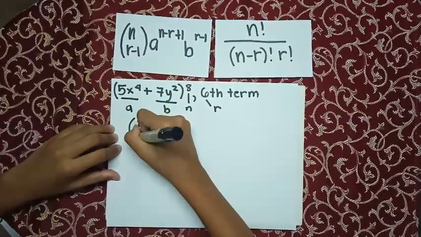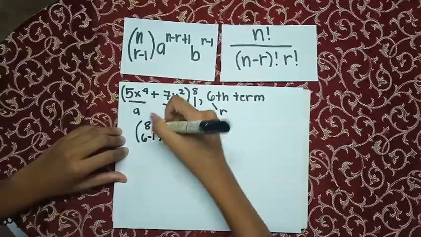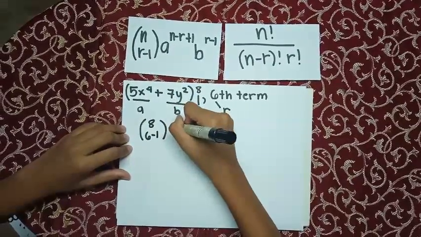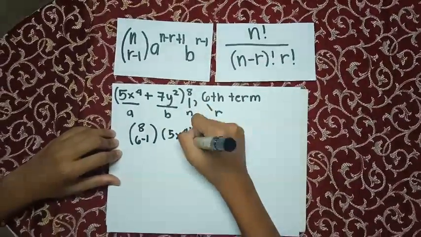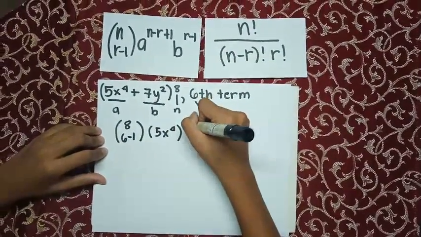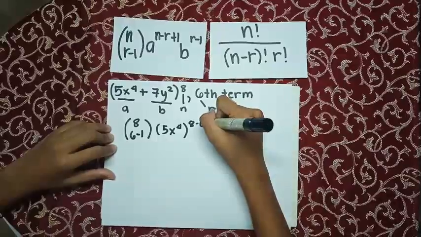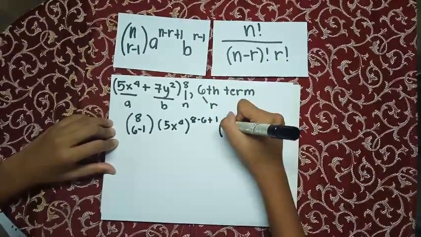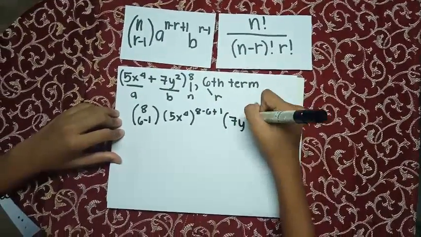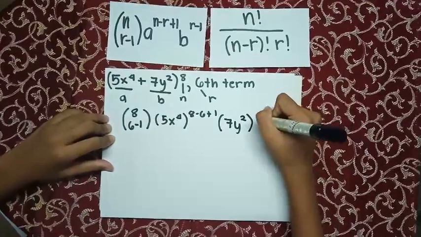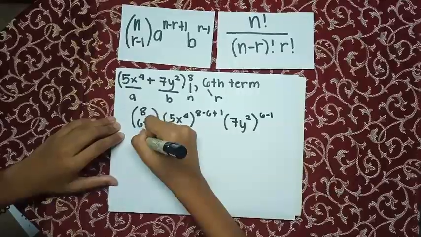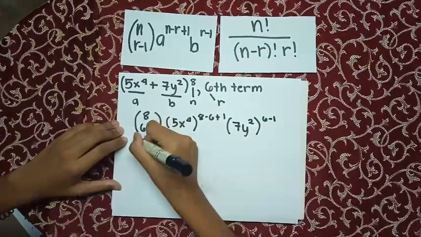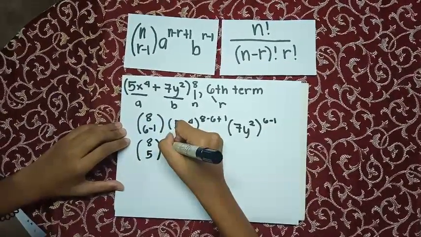And let's use the formula for binomial theorem. Substitute the variables. 5x raised to 4, raised to 8, which is the n, minus 6, which is the r, plus 1, multiplied with the quantity of 7y squared raised to 6, which is the r minus 1.